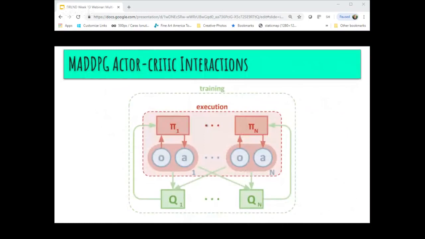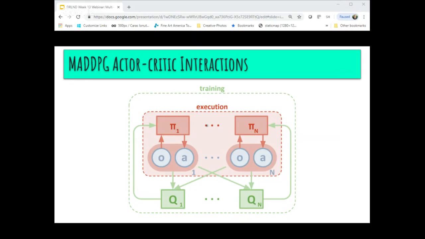This is a diagram from the paper, and it just illustrates those concepts. You can see that during training, which is the outer green area, there are the actors in the red area. I'll start with that. The actors are developing and learning a policy based on a set of observations. They're choosing actions, and during training, that information is fed into the critic network to estimate a Q value.